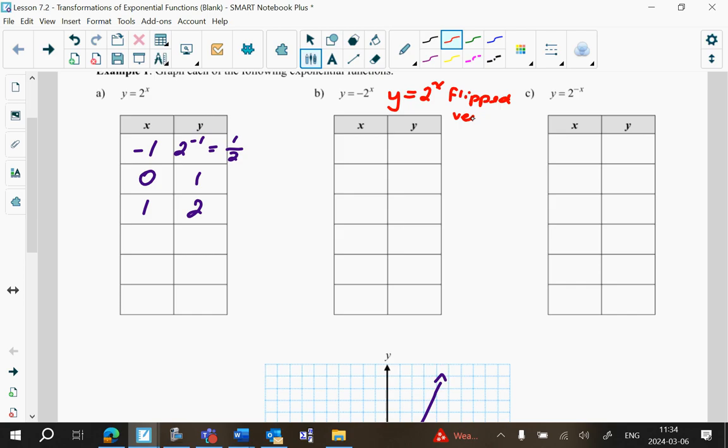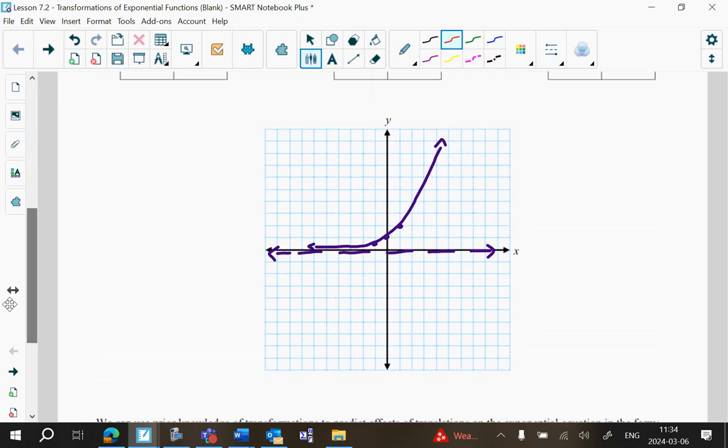So I really don't even need a table of values because I've already got the graph down there. So all I have to do is take all these points and flip them over the x-axis. Well, this is 2 above the x-axis, so it flips to 2 down.